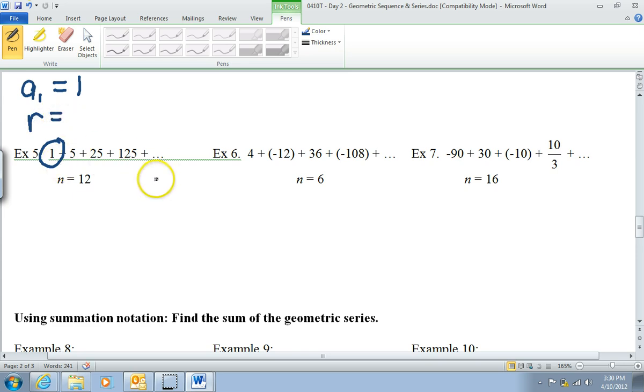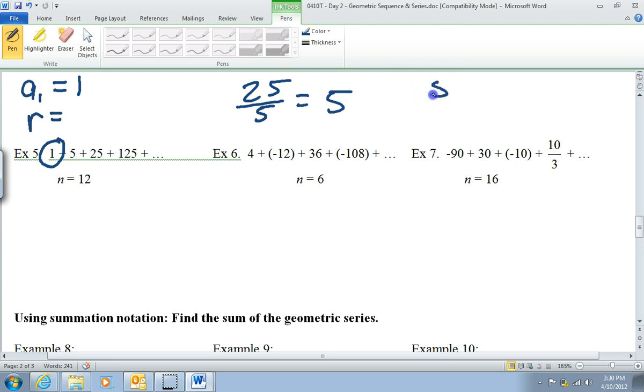How do I find r in a geometric sequence? Divide. Right. For example, she said divide 25 by 5. Each term divided by the previous term. So in the back of your mind, you're thinking 25 divided by 5, which is 5.